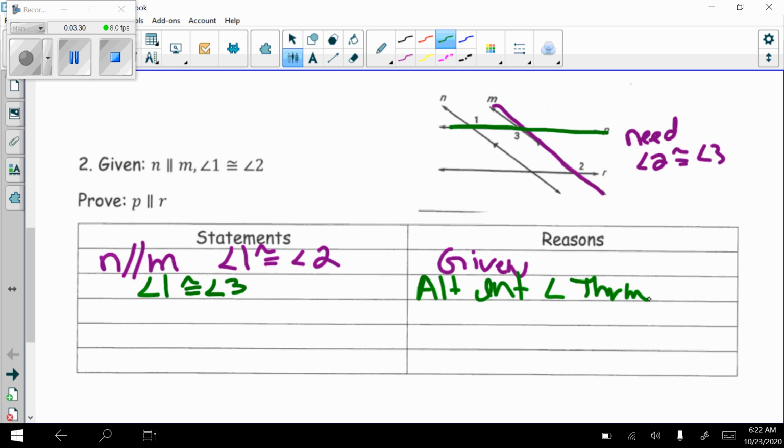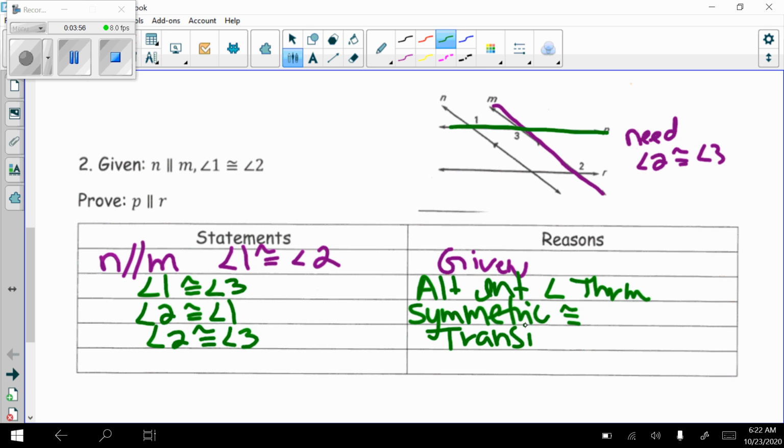They gave me angle 1 congruent to angle 2, so I can't rewrite that as far as erasing it and changing, but I can flip it using the symmetric property. So I'm going to say angle 2 congruent to angle 1, symmetric property of congruence. Now I can do a chain, 2 to 1, 1 to 3. So now I'm going to say angle 2 is congruent to angle 3 by the transitive property of congruence.